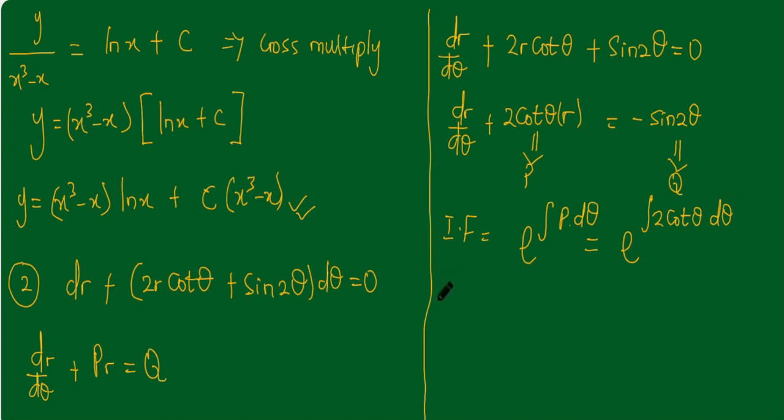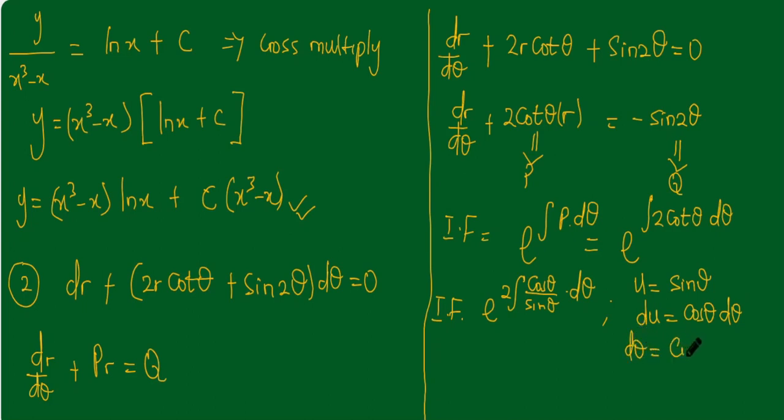So on doing this, our integrating factor is e raised to power 2 integral of cos theta divided by sine theta d theta. For the integral, we can see that we can use u substitution here. If we let u be equal to sine theta, then we know that our du will be equal to cos theta d theta. Hence, our d theta now becomes du divided by cos theta.